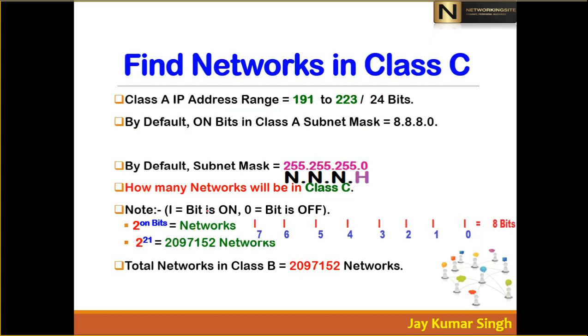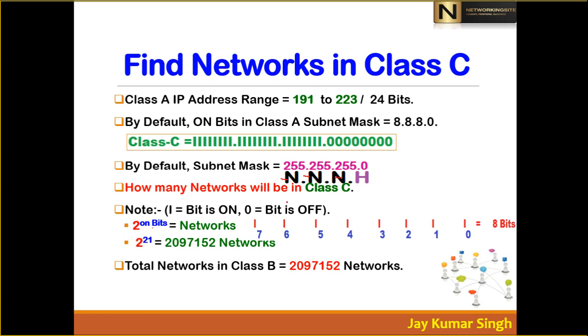Same here in class C, when we are talking about network. See, one network part, two network part, three network part. Here it is asking for on bits, and I already told you, when you see n, it means on. So when calculating, the formula is 2 to the power of on bits. 0 is off and is also a bit, and 1 is also a bit.